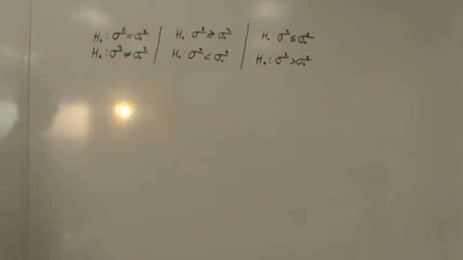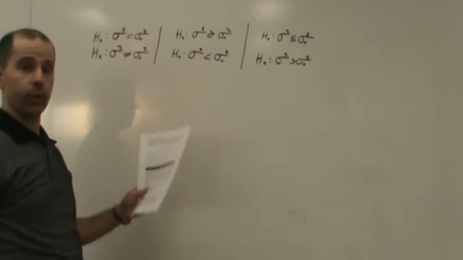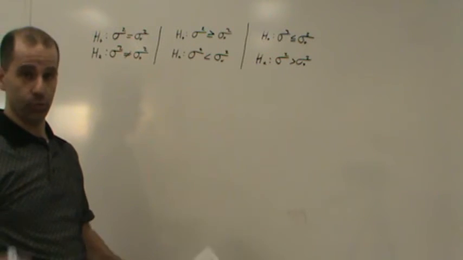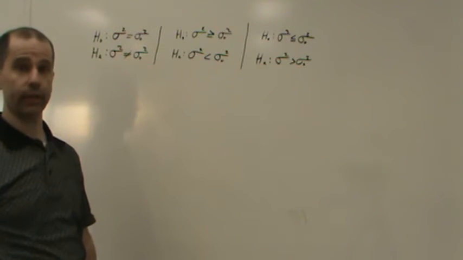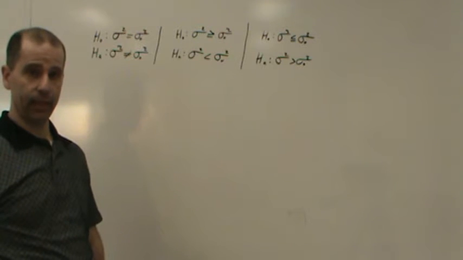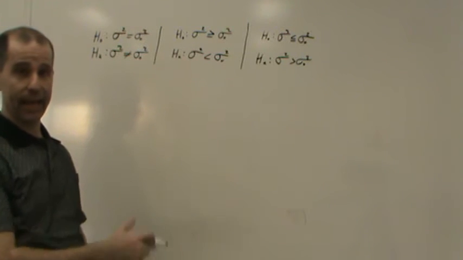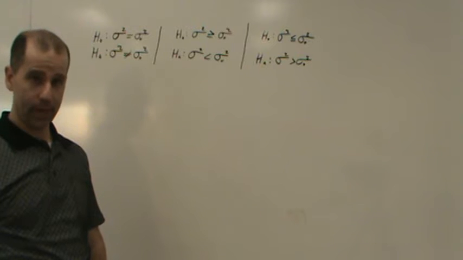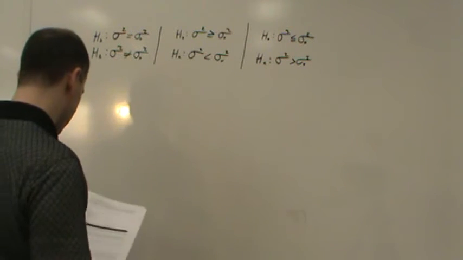And so, again, the claim is going to tell me which one of the three sets I need to use. Okay, so first of all, we need to look at the claim and use the claim because the claim, again, has to be one of these hypotheses. Okay? So now, let's do an example.